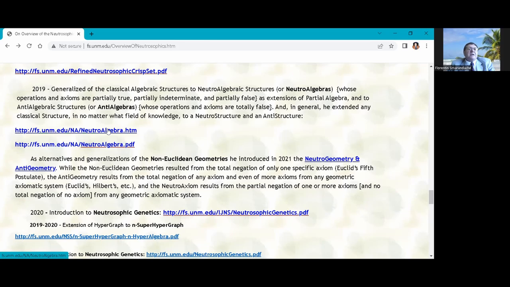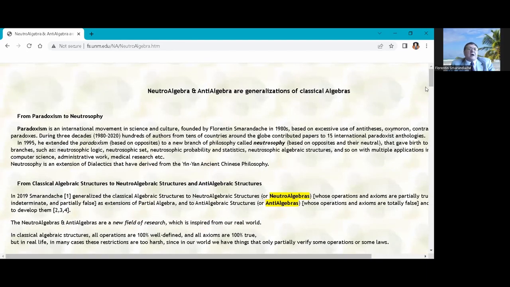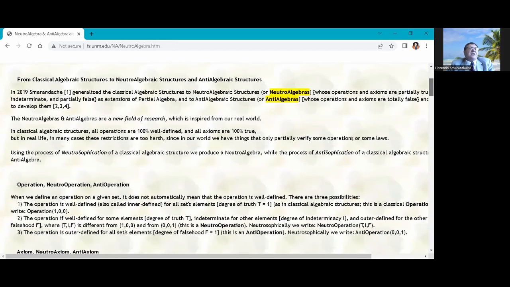So what does it mean? A neutral algebra. See, in classical algebraic structures, a space is well determined, the operations are 100% well defined, and the axioms are 100% true. But in our everyday life, things are not like that.